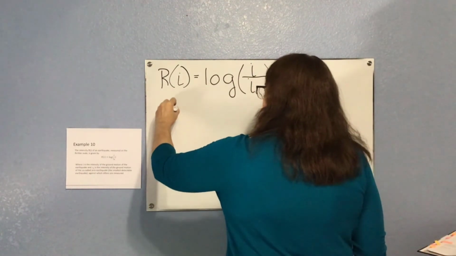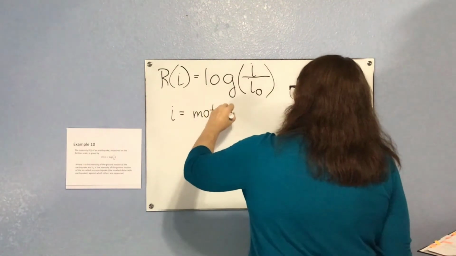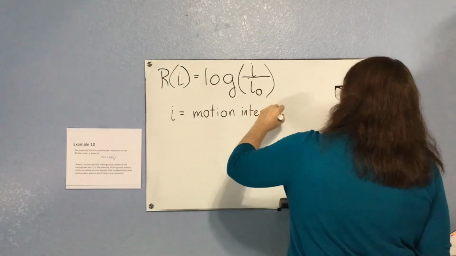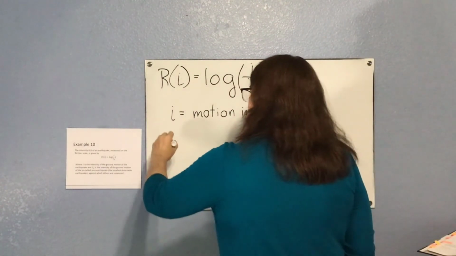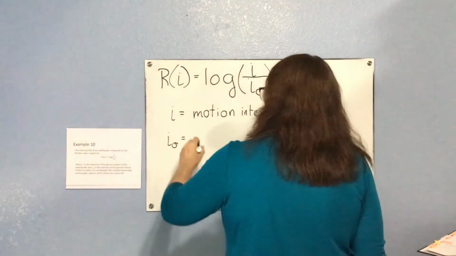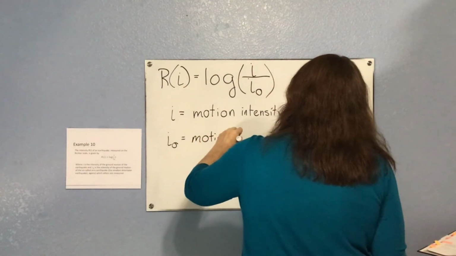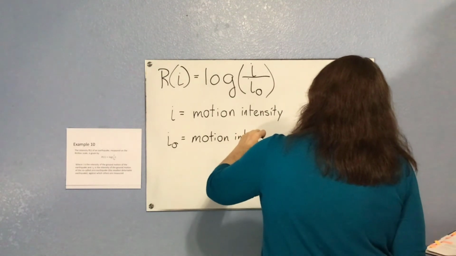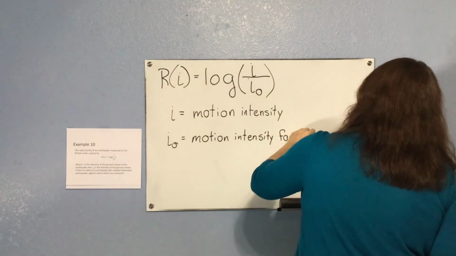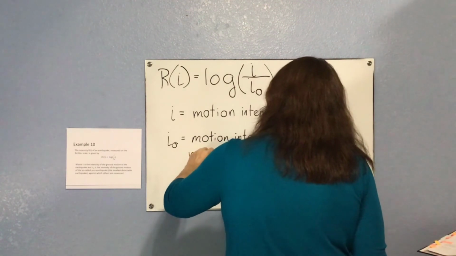And I is the motion intensity, and I sub 0 is the motion intensity for the smallest measurable earthquake.